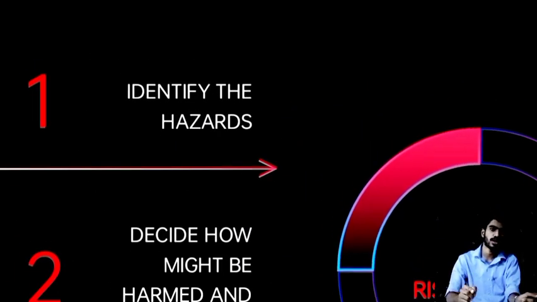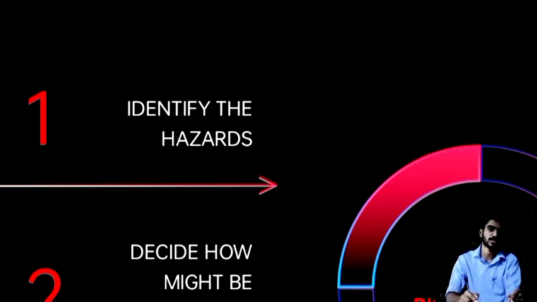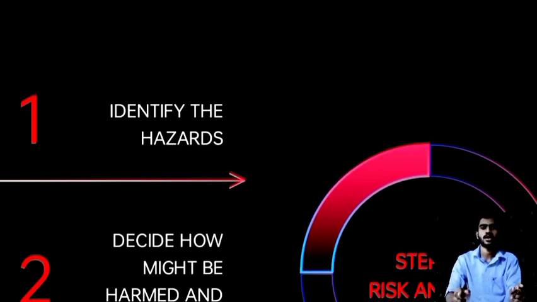So now let's look into the first step, that is identify the hazards. For example, in a factory or a workplace, they may use many types of substances for their daily work. Let's assume that the employees are exposed to the use of some chemicals or substances, and get affected by them.